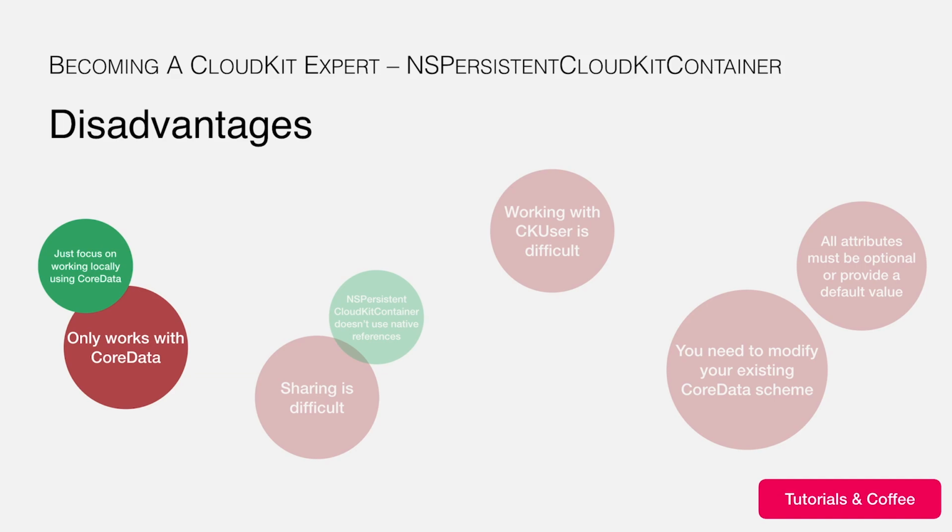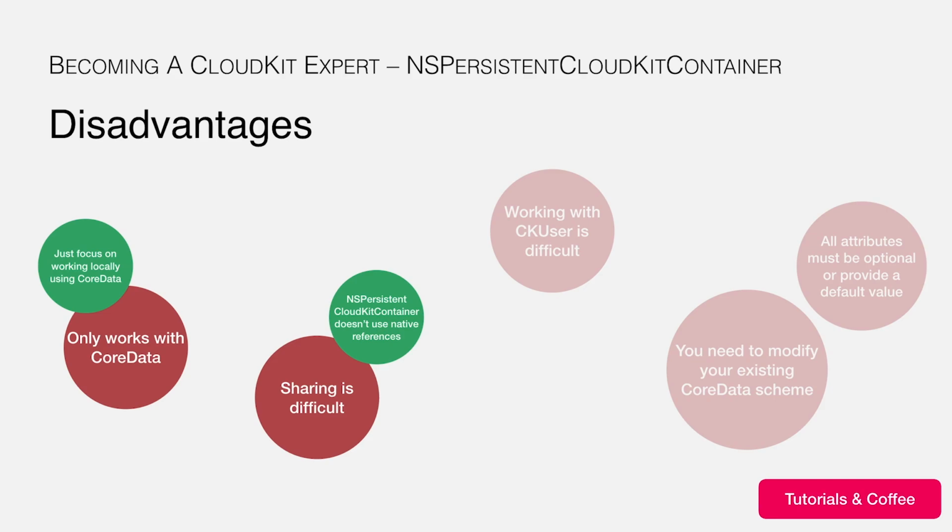The next advantage was that it doesn't use native CloudKit references, which was an advantage, because this way we do not have the reference limitation anymore. But it's also a disadvantage, because it is one of the main reasons why sharing is very difficult using the NSPersistentCloudKitContainer. Now, for sharing, there are two main problems, I would say.